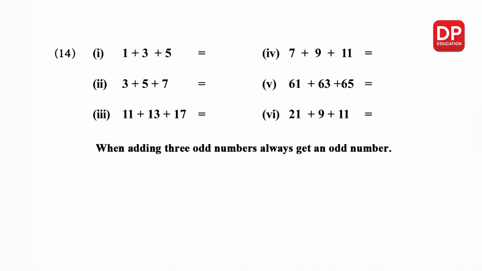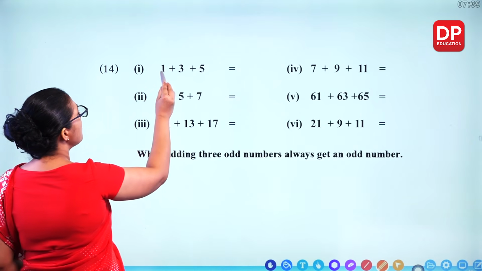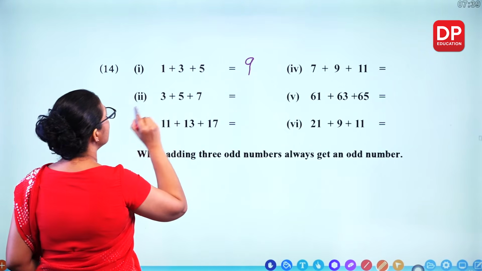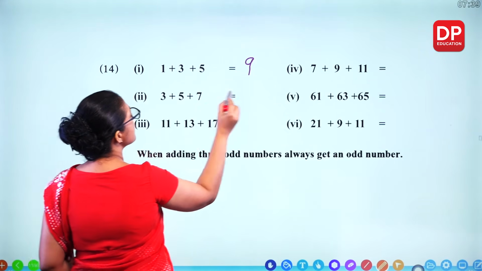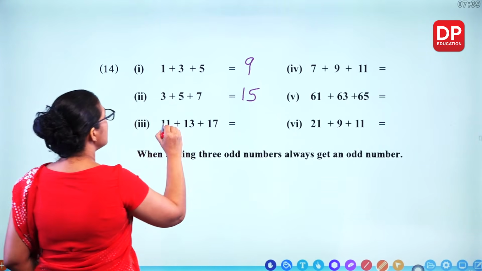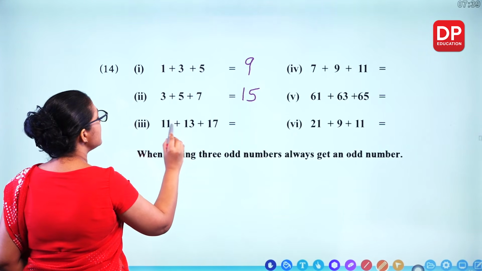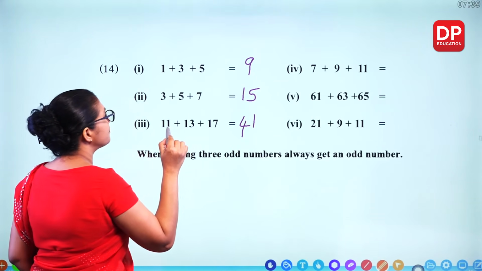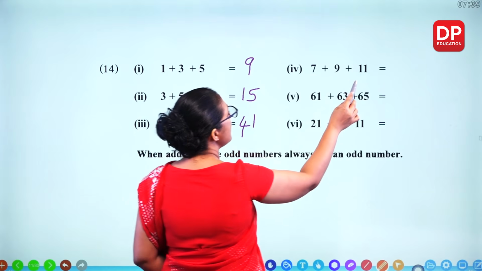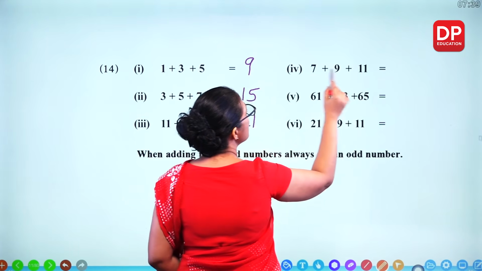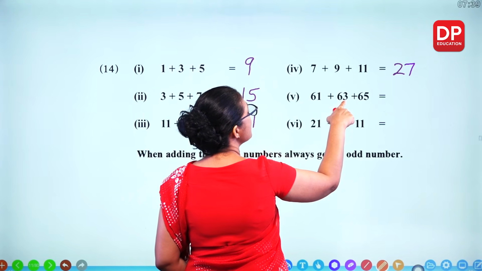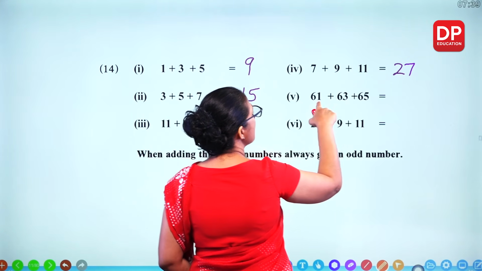Now we are adding three odd numbers. 1 plus 3, 4. 4 plus 5, 9. 3 plus 5, 8. 8 plus 7, 15. 7 plus 3, 10. 10 plus 11 is 21, and 1 remaining, so 41. This one, 9 and 11, 20, 27. 5 plus 3, 8. 8 plus 1, 9.